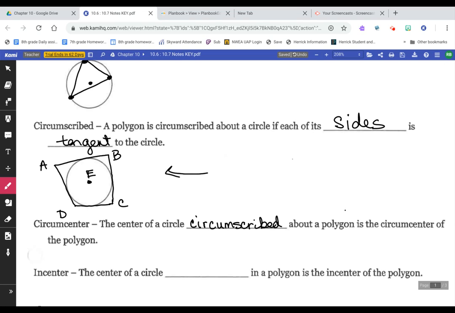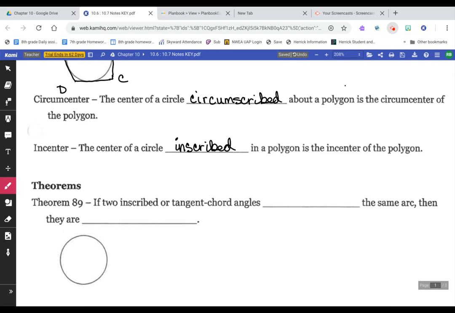So they can go vice versa. All right. The incenter: the center of the circle that's inscribed in a polygon is the incenter of the polygon.